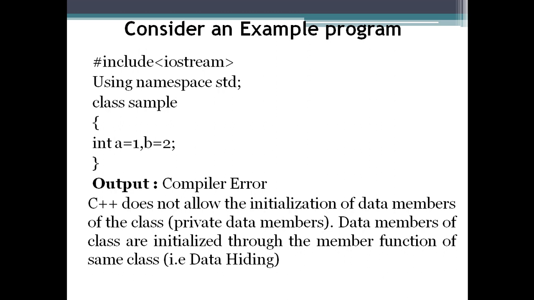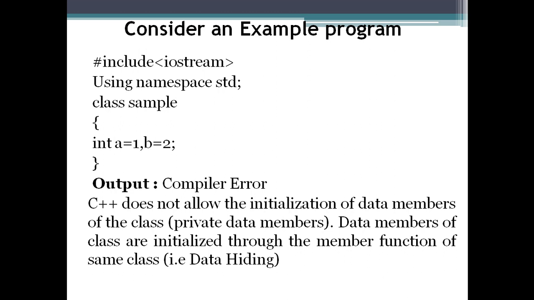In simple terms, C++ doesn't allow initialization of a private data member of a class this way, hence the compiler results in a compiler error. The reason is that data members of a class are not initialized with specific values for private data members. For public you can initialize, because public data members can be accessed throughout the program, but private data members can be accessed only within the class by member functions of the same class.